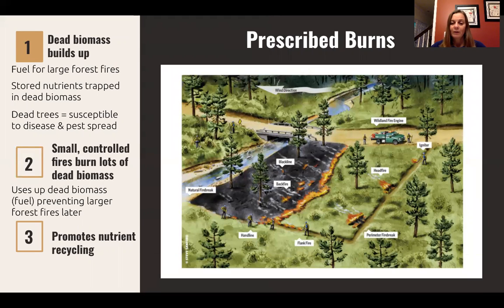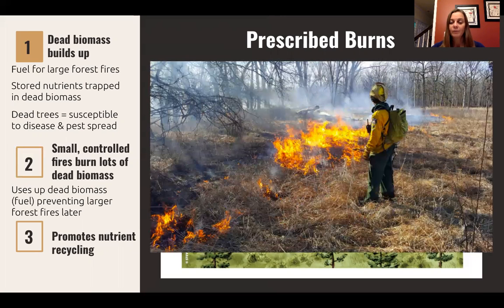Obviously, prescribed burns have to be very carefully managed and monitored. These are usually done by the Bureau of Wildlife Management or Bureau of Land Management or the U.S. Forest Service. There's a lot of cooperation now between those federal agencies and Native American tribes that have been doing prescribed burns. They actually call them cultural burns.